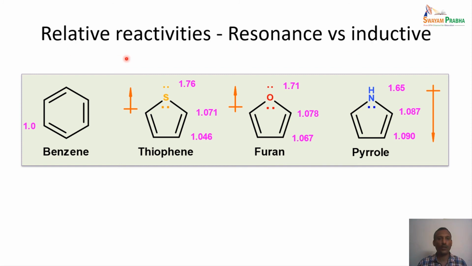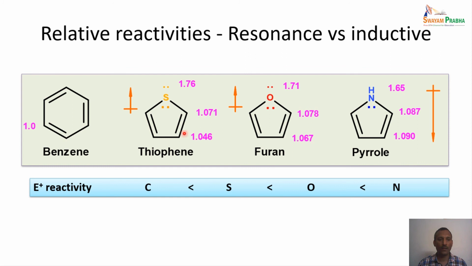Let us look at the relative reactivities based on resonance and inductive effects. The electrophile reactivity is shown here. Carbon, that is the benzene, is having less because the electron density on this particular system is lower at 1.0 compared to thiophene, furan or pyrrole. In other words, carbon's electrophilic reactivity is much lower compared to nitrogen.